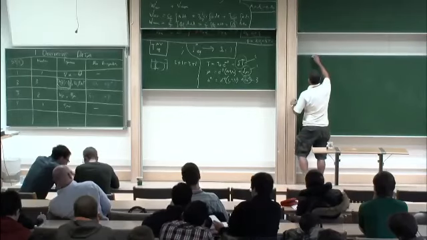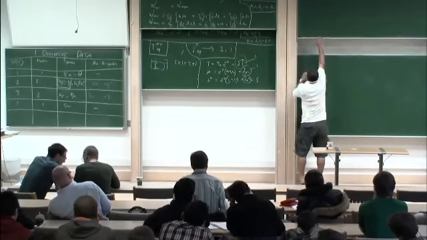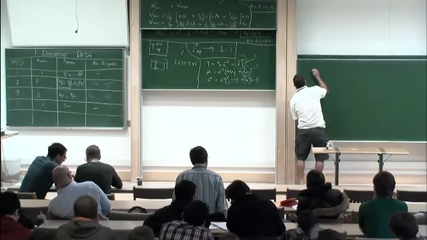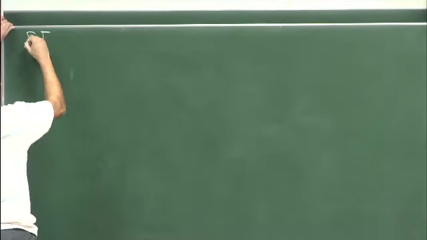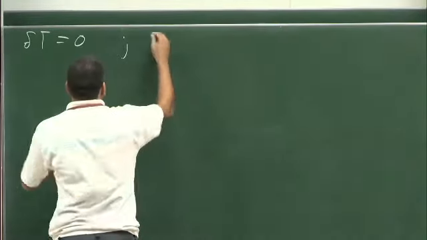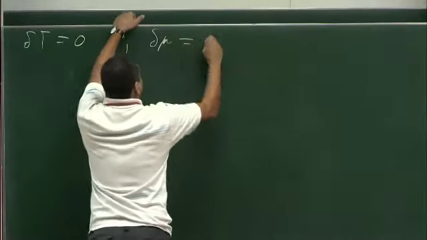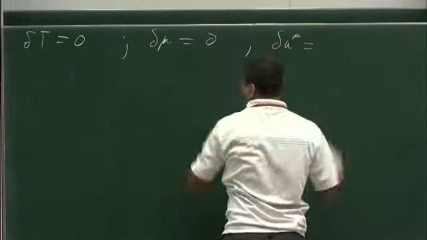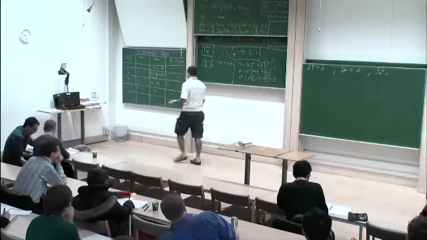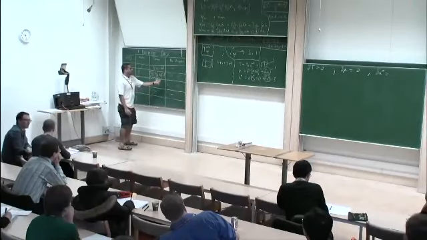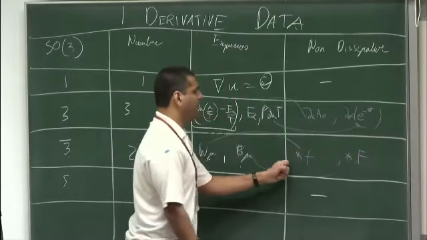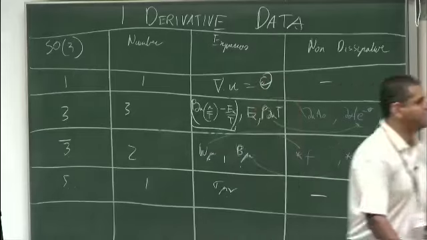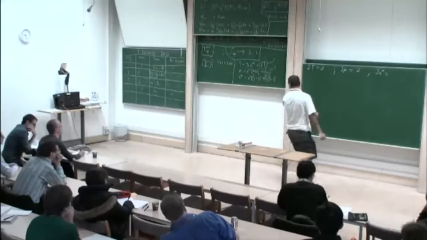Just from symmetry, we immediately conclude that delta t, the correction to the equilibrium configuration, has to be 0. Delta mu has to be equal to 0, but delta u mu could be equal to some arbitrary coefficients times these two quantities, some other arbitrary coefficients times these two quantities.